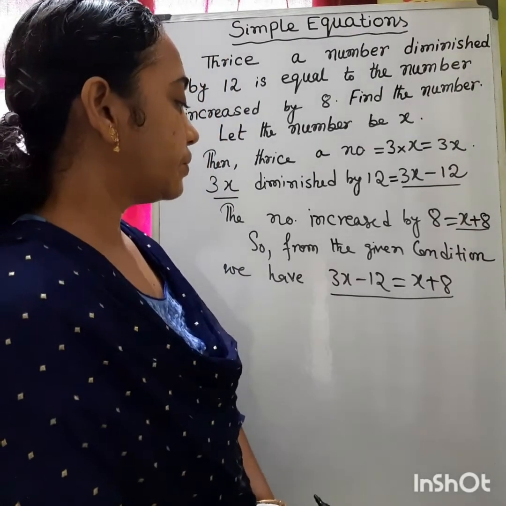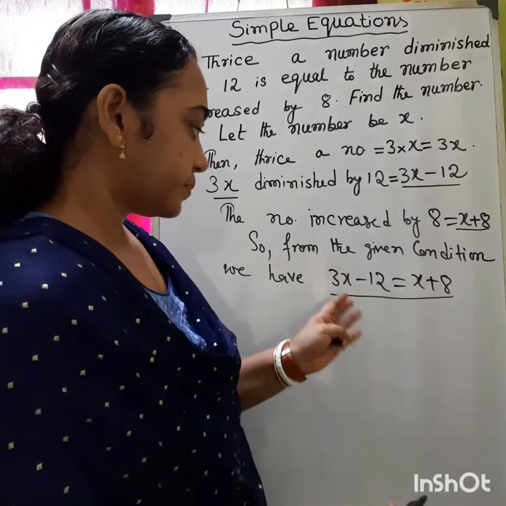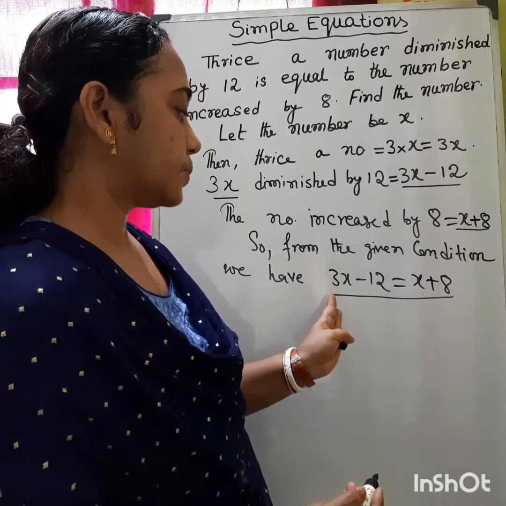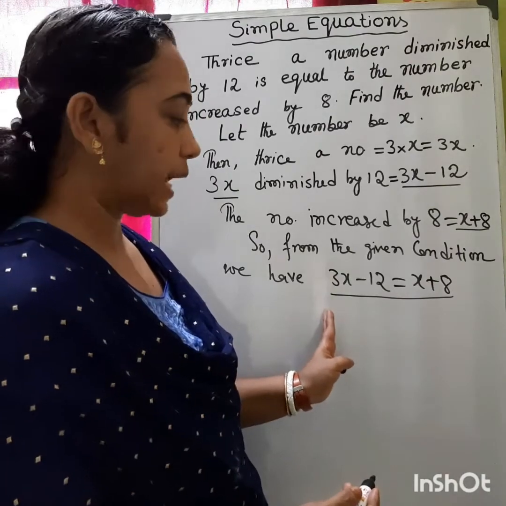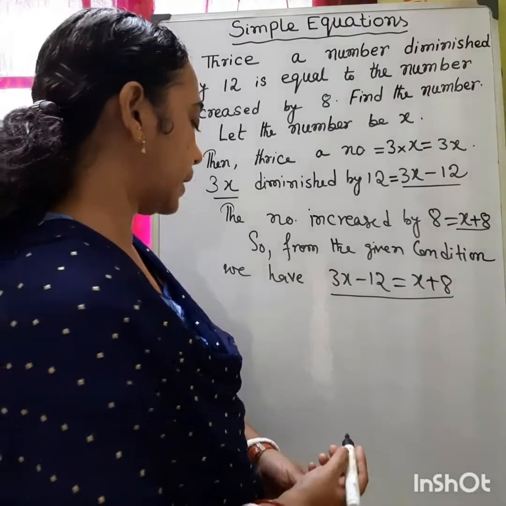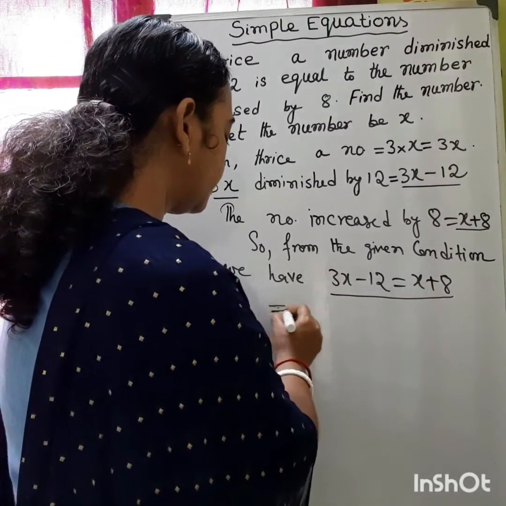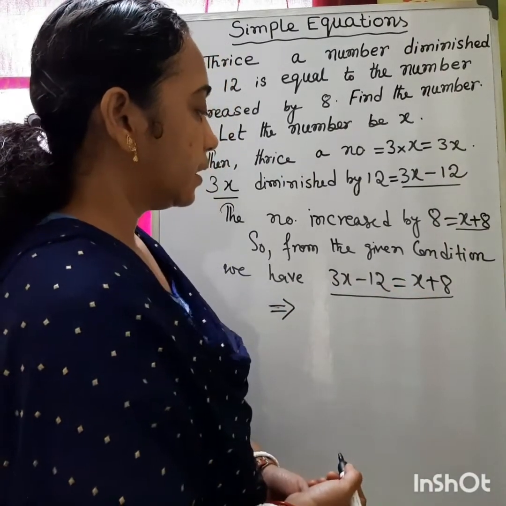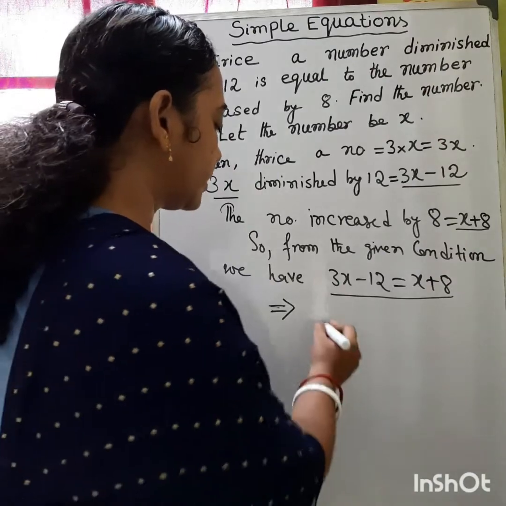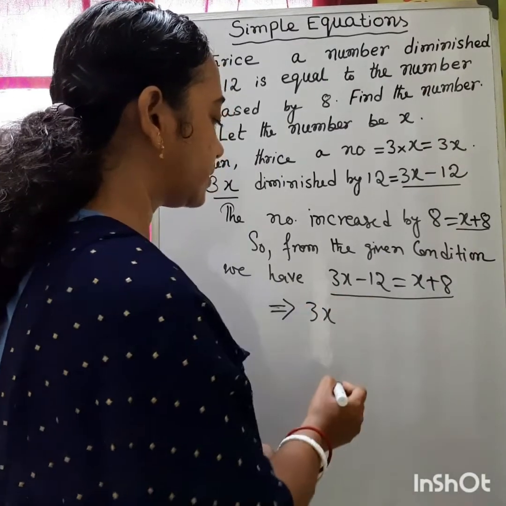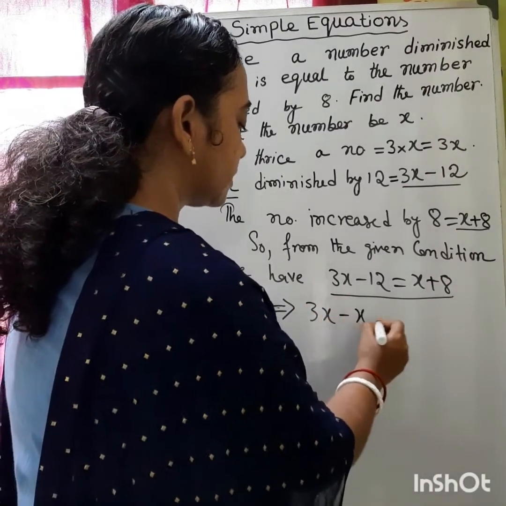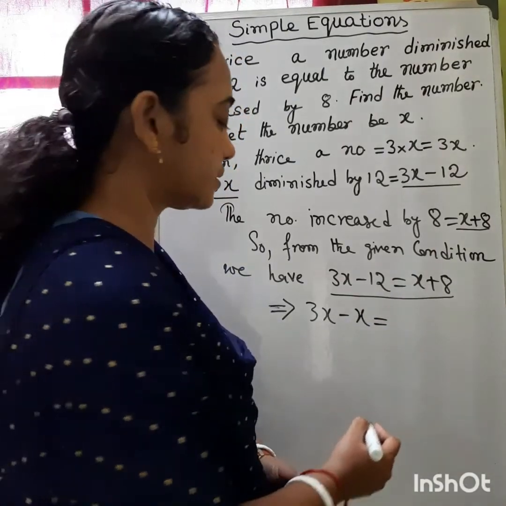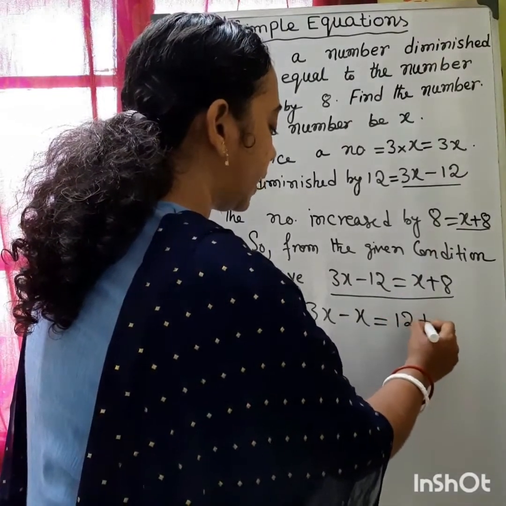Now for that we will just combine all the like terms or variables to one side and constant terms to the other side. So in this equation, the variable is present on the right hand side. So let us transpose x to the left hand side. So 3x minus x is equal to, and minus 12 to the right hand side becomes plus 12 plus 8.